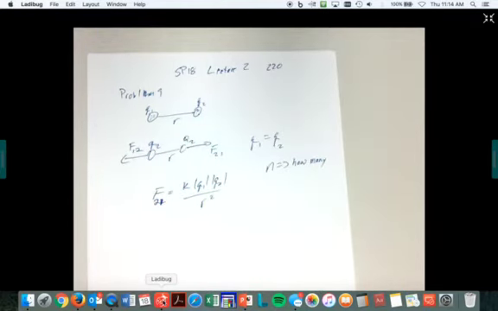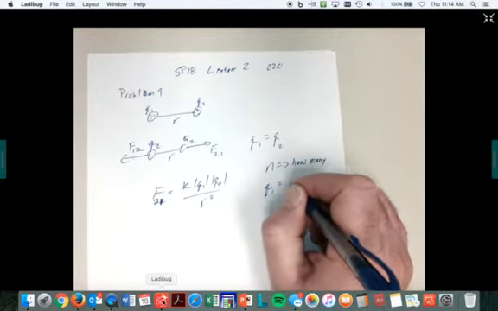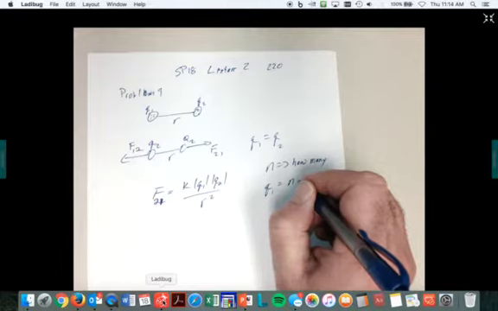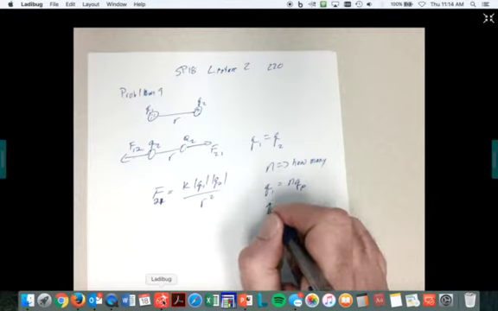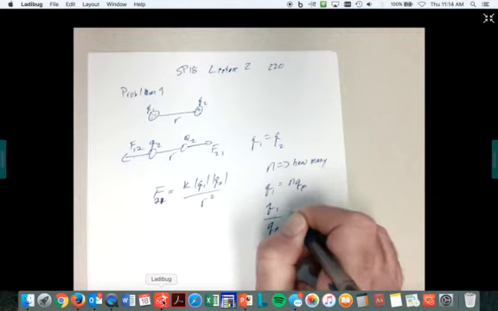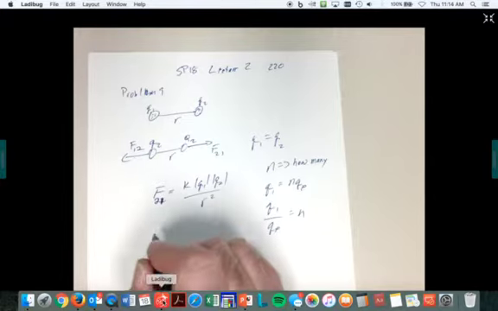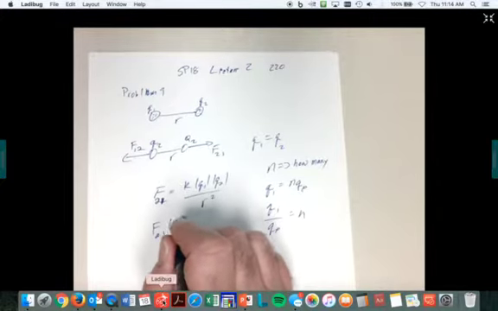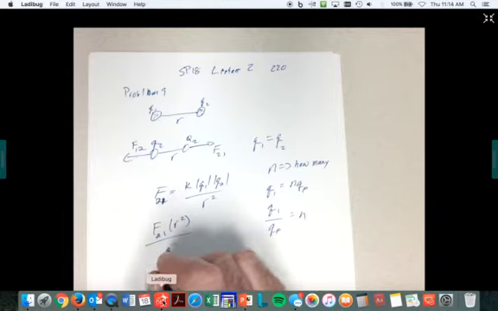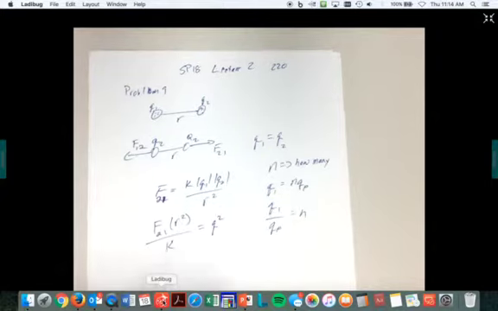All right, so we need to know how many. What we're going to do is Q1 is equal to N times the charge of an electron. Then we get the ratio of Q1 over Qe, and that should do it for us. They tell us what the newtons are, so this is known. So I'll take F times r squared over K, which is equal to Q squared.